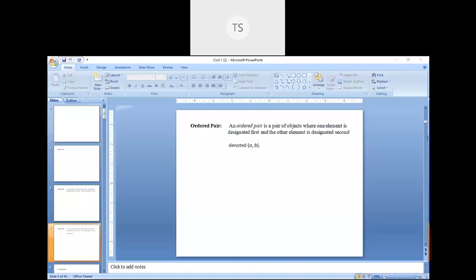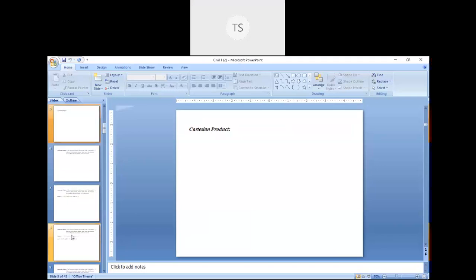See, I can denote anything, suppose this A B. Within first bracket, I have written A B. So this represents an ordered pair. Now, in the last slide, I have given that an ordered pair is always denoted by some letters within the first bracket.